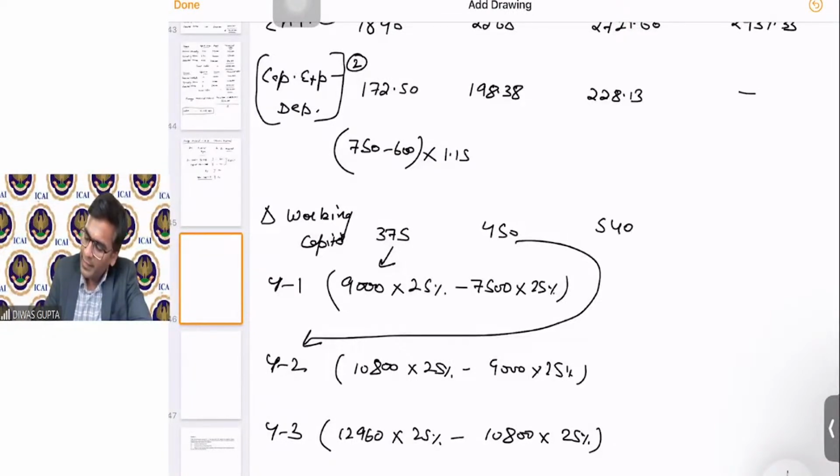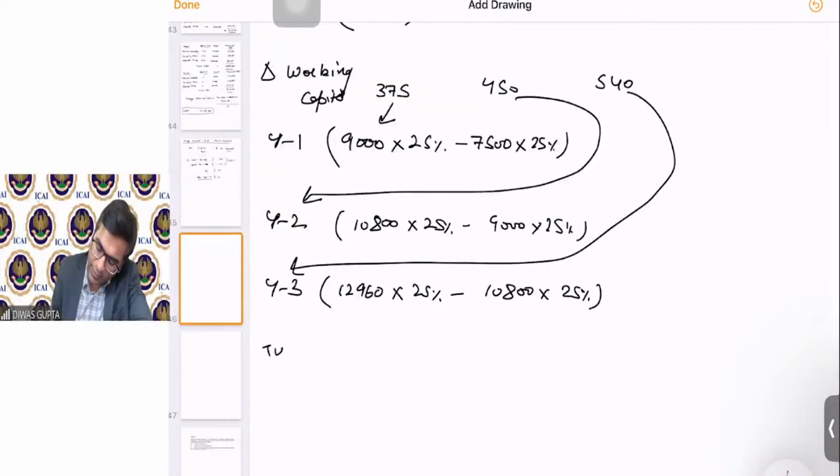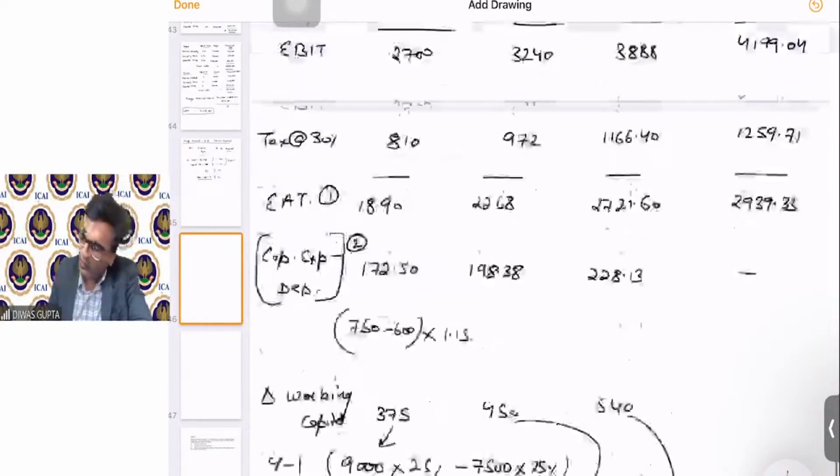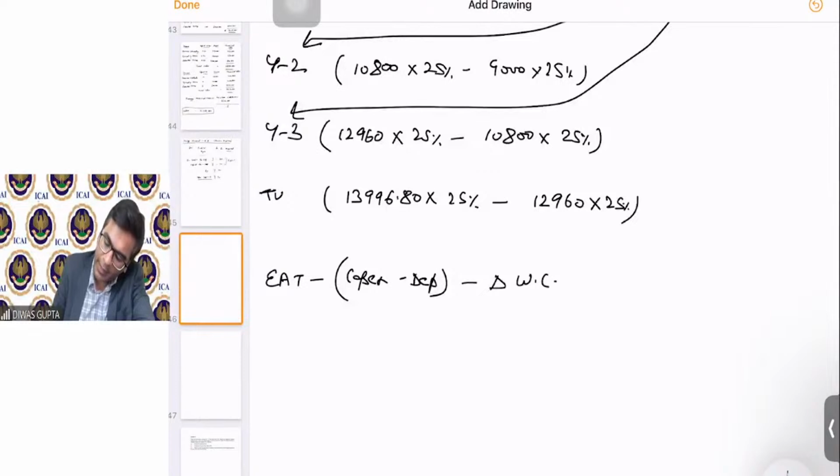And then finally for the terminal value, this will be from EAT. We are doing EAT minus capex minus depreciation minus change in working capital, students. If we do that, then we will arrive at the free cash flow.